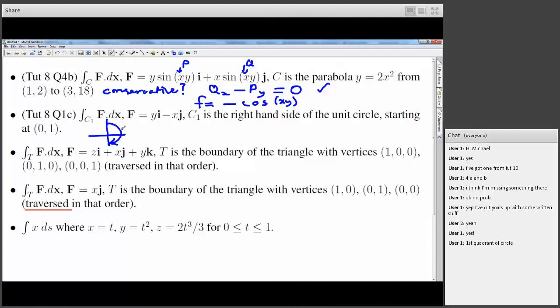It's an open curve, so you can't use Green's theorem, well, not directly at least. Then you could try this Qx minus Py to see if it's conservative or not, and you get minus 2, which is non-zero. So therefore it's not conservative.